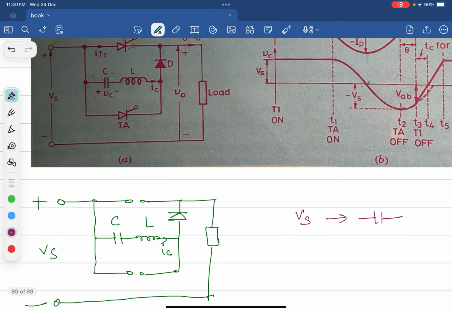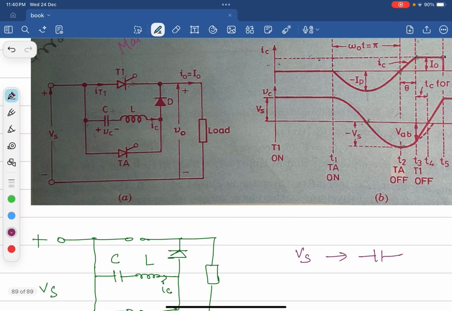Now the thyristor T1 is working. When the thyristor T1 is working, the current flows through the thyristor and passes towards the load and has a return path. So after that, the current is normally flowing.